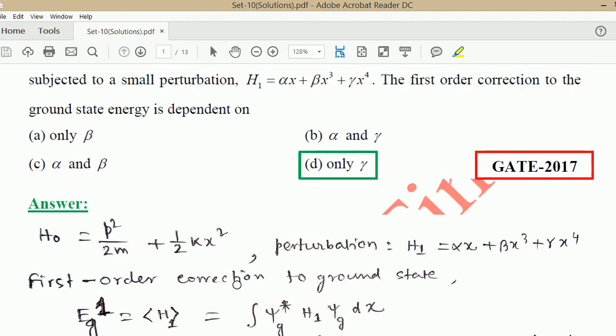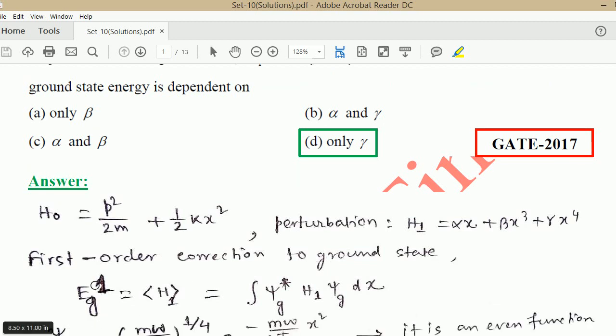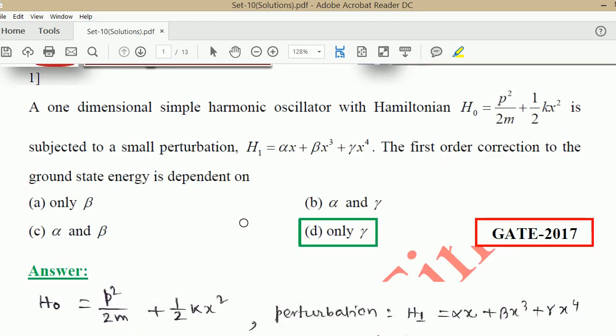First order correction to the ground state is denoted by EG1. It is the expectation value of h1, so the integration of psi g star h1 psi g dx. Now it is a one-dimensional simple harmonic oscillator.